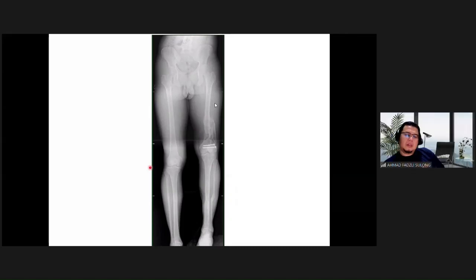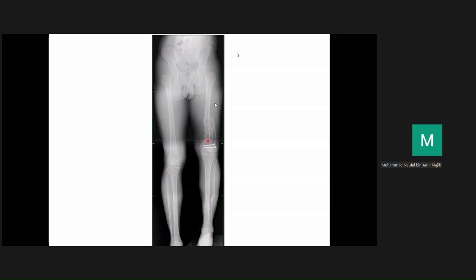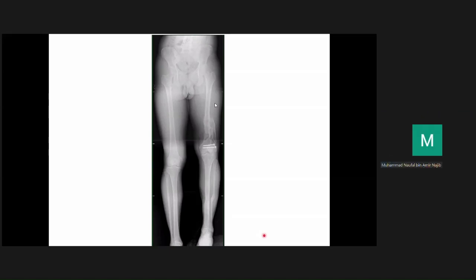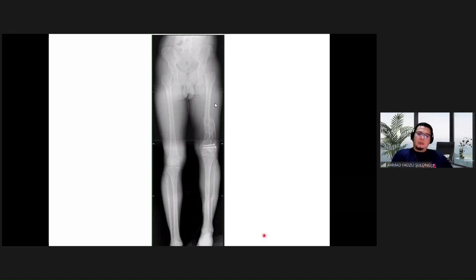Why do you say it's malunion? Bila aku persoalkan tu tak semestinya kau salah. Why do you say it's malunion? Because there is no fracture line. Okay. So you rasa dah united lah. How do you define malunion, Naufal?